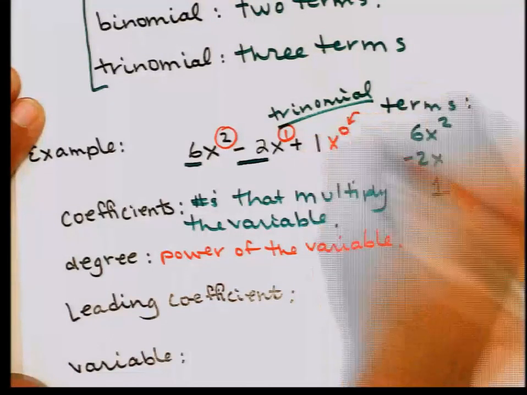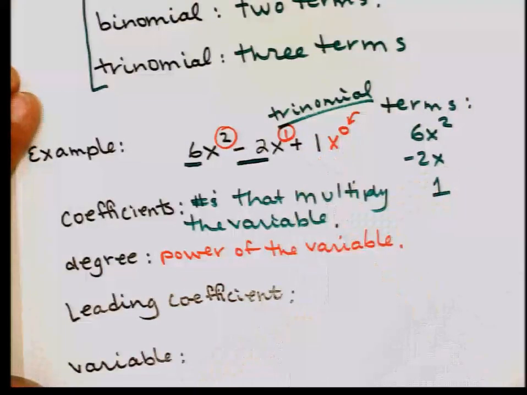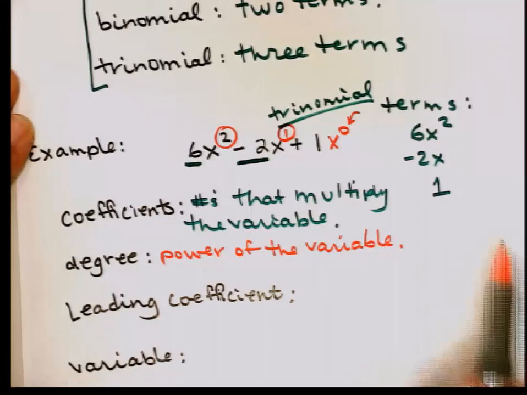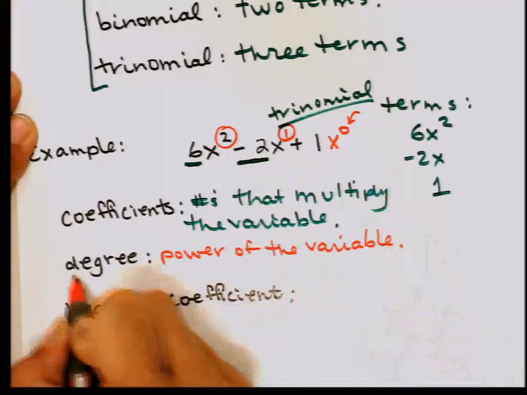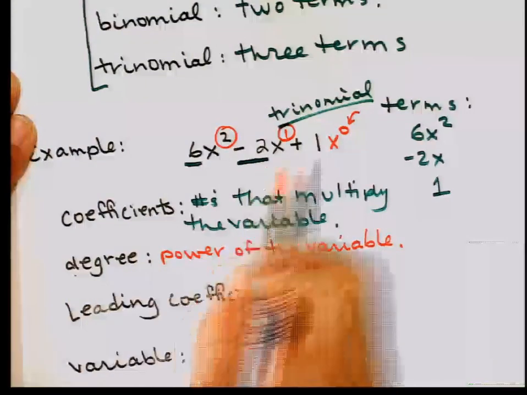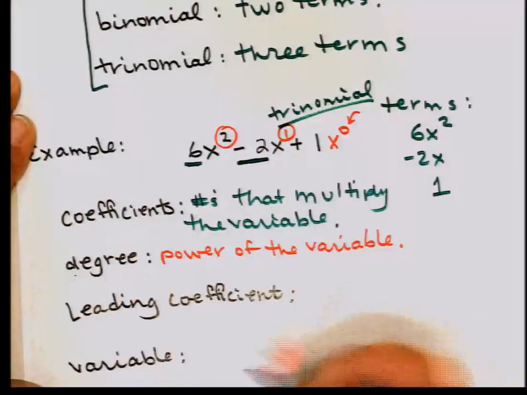But that 1 has a degree of 0. Now, when I ask for the degree of the entire polynomial, it's the biggest one. So we can have degrees for individual terms, but I might also ask for the degree of the polynomial.